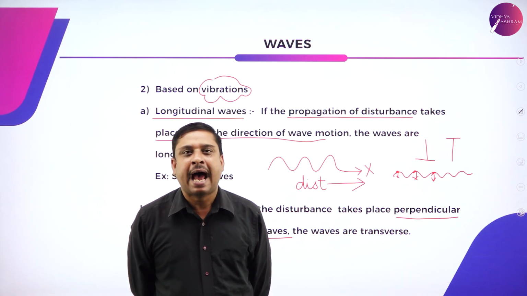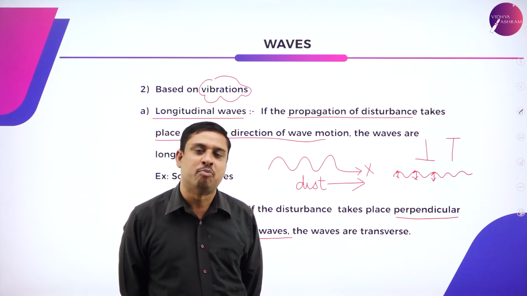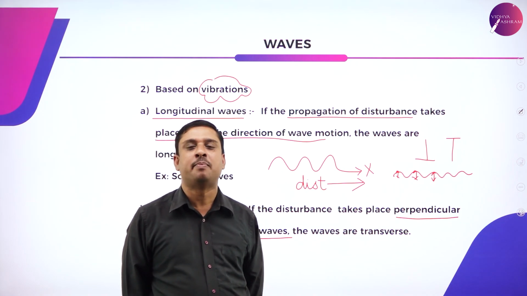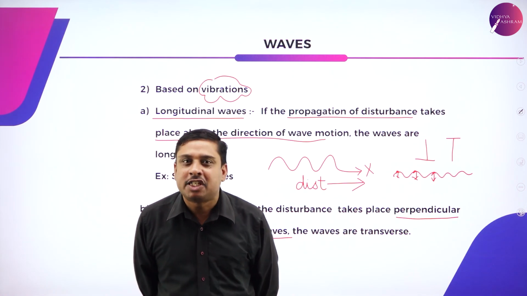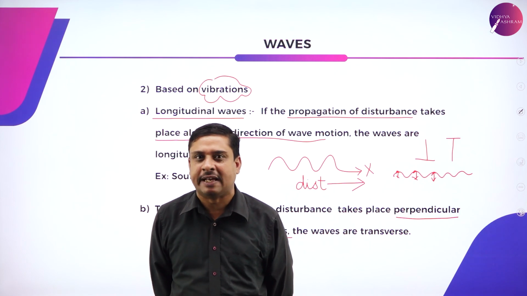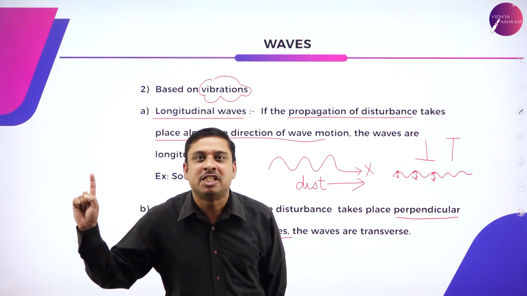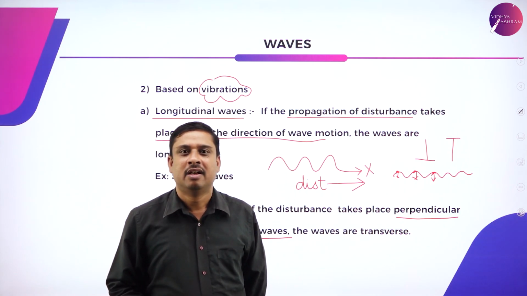We told as the wave propagates, it carries energy and momentum. We studied about mechanical and non-mechanical waves. We studied about longitudinal and transverse waves. Longitudinal waves, the disturbance moves along the wave motion.